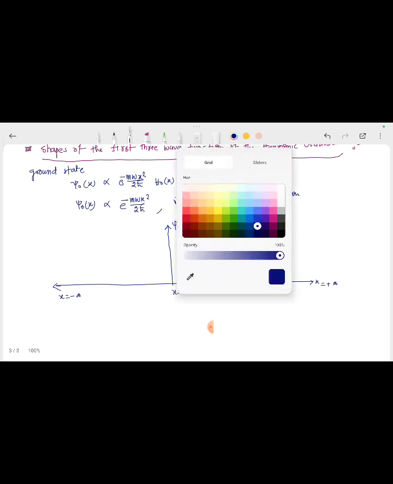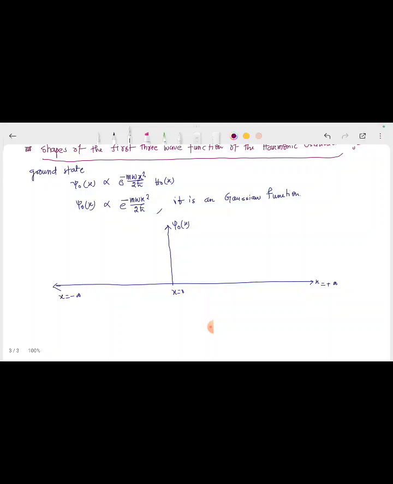So here we get a very important result like that. You get a Gaussian wave function, right? At x equals 0 we get a constant value, at x equals minus infinity we get 0, and at x equals plus infinity again we get 0. So don't worry about that.